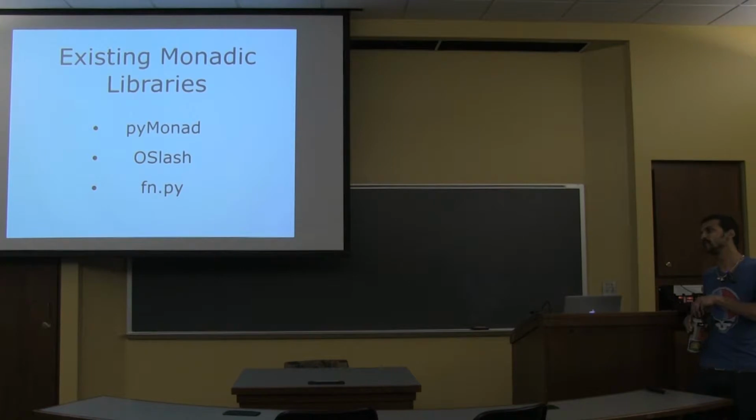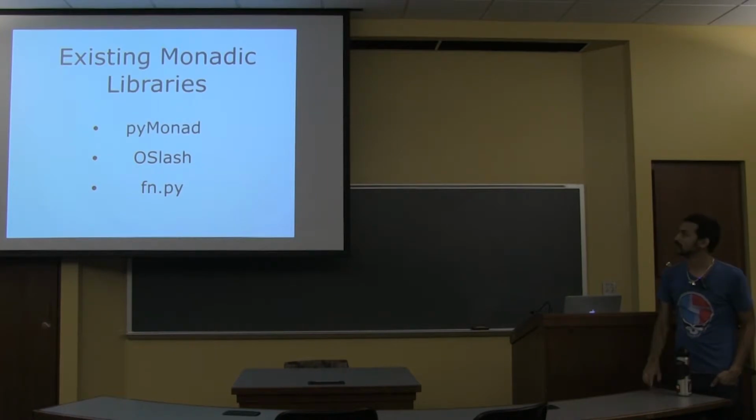So I think they were more on the Haskell side of things, where I was used to more the functionality that the Scala implementations gave me. So I think like PyFN only had an Option. PyMonad had an Either, but only had like flatMap and map, and maybe another function, and that's it.